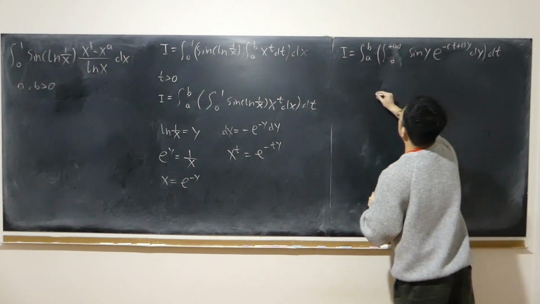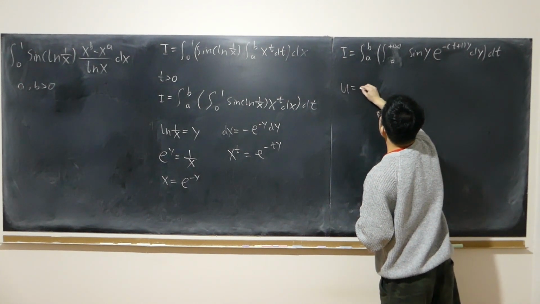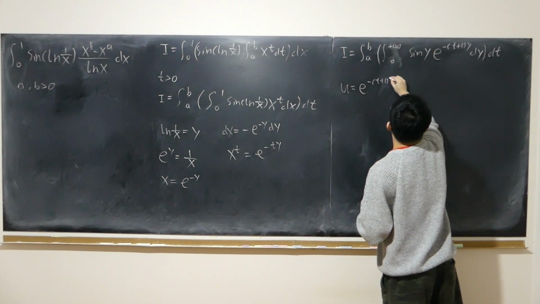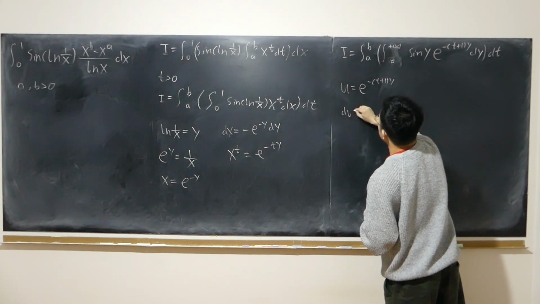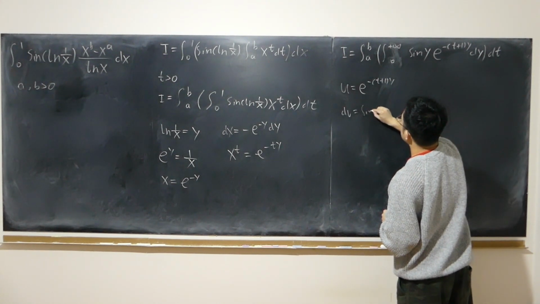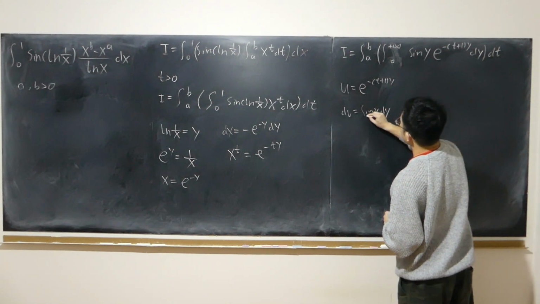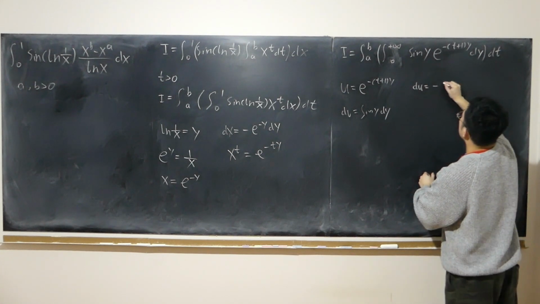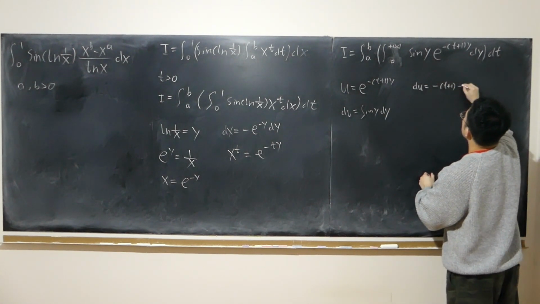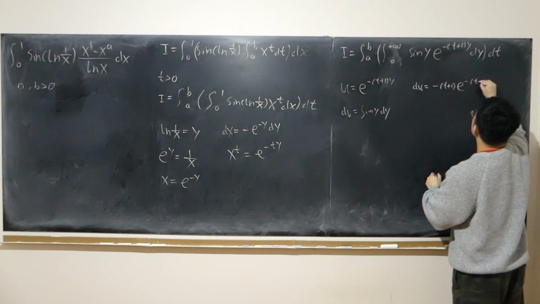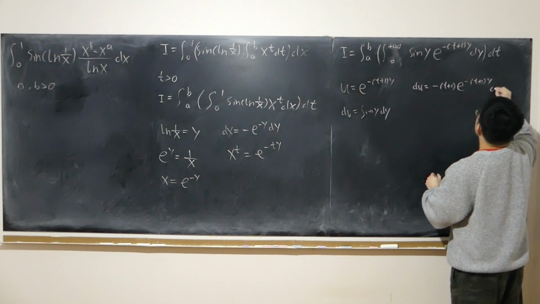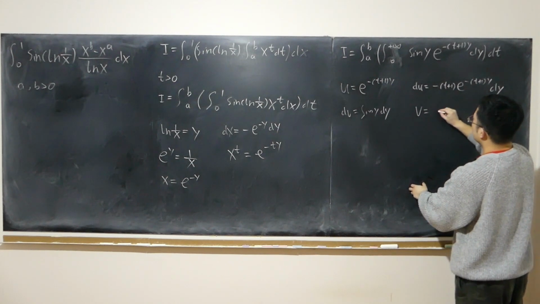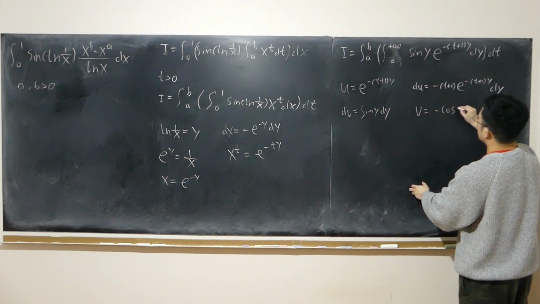Integration by parts. U is equal to e to the negative of t plus 1 times y, dv is sine y dy. So du is equal to negative of t plus 1 times e to the negative of t plus 1 times y dy. And v, the antiderivative, is negative cosine y.